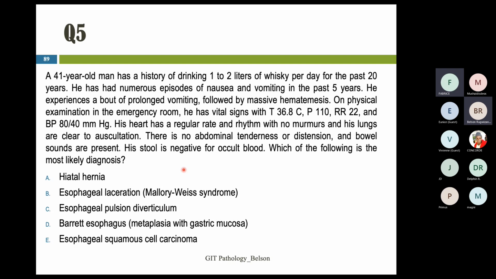He experiences a bout of prolonged vomiting, followed by massive hematemesis, vomiting blood. On physical examination in the emergency room, he had normal temperature, an increased pulse, a slightly increased respiratory rate, and low blood pressure, 80/40. His heart has a regular rate and rhythm with no murmurs, and the lungs are clear to auscultation.